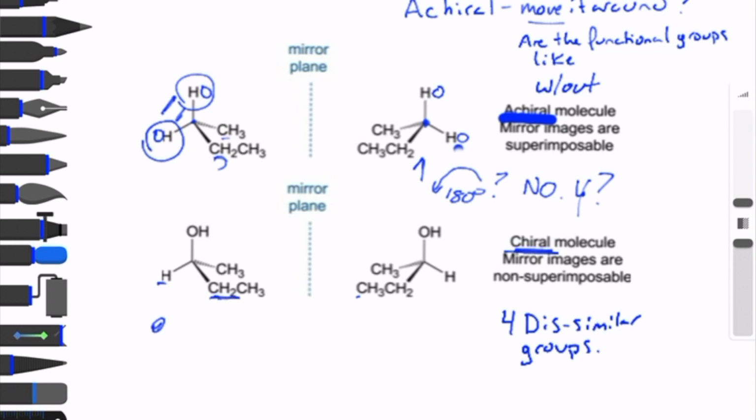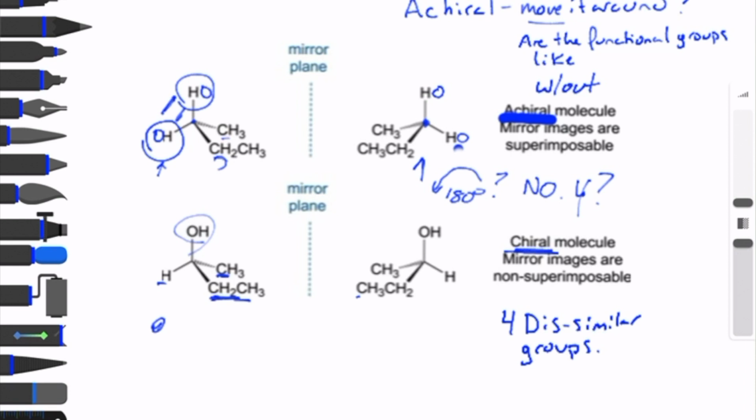We have a 2 carbon system here, a 1 carbon system here, and an alcohol group. I have to brush up on my carbon naming. But what this means is we're going to have a heck of a lot harder time trying to superimpose it. In fact, we can't, because we have no like groups that we can just set to the side.